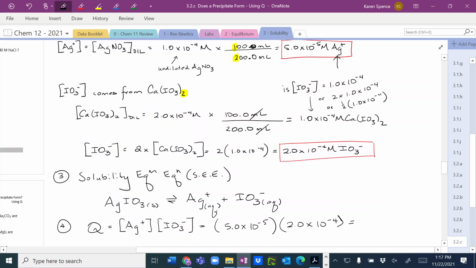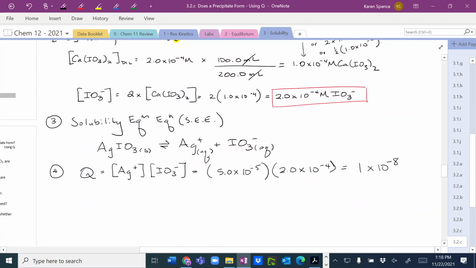And we get 1 times 10 to the minus 8. And you'll notice I'm playing fast and loose with my sig figs here, but that's because I got an actual value that was 1, and Q is just used as a comparison, so its sig figs don't really matter too much. Does that make sense?